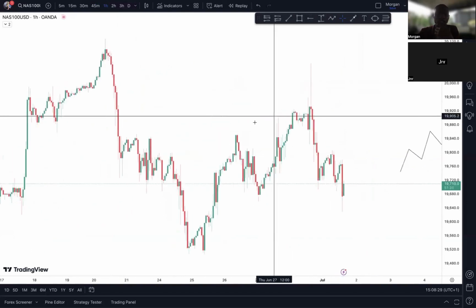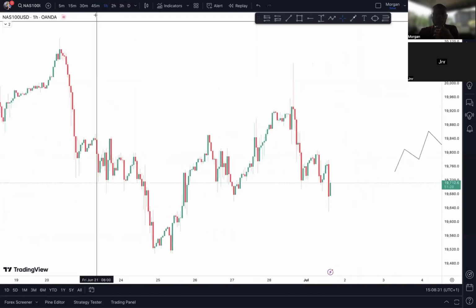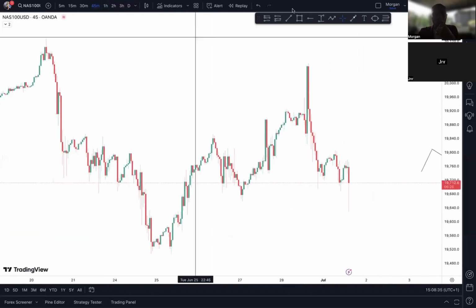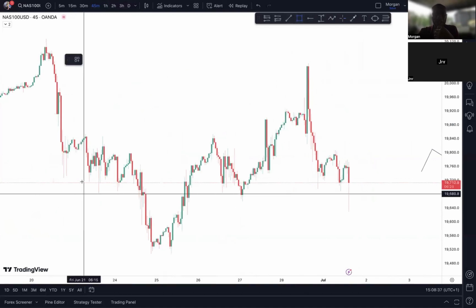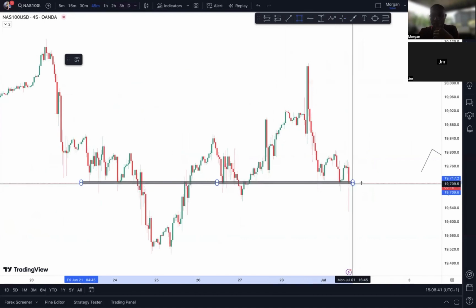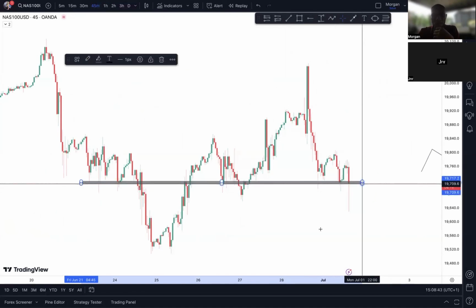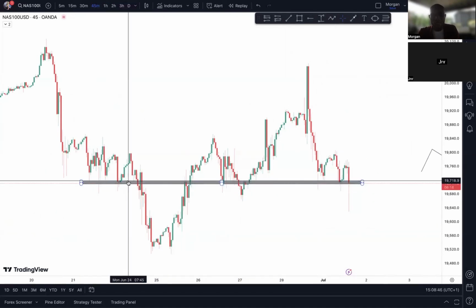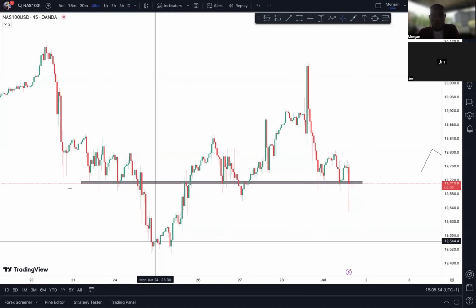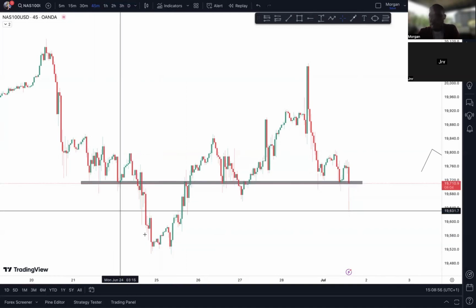In this situation, I used the 45 minute time frame because it made sense. I used it to identify that this area is an area of interest that price has struggled to break past previously. We've seen price struggle to break past these levels, which means price can be on the downtrend, and then price gives an indication here showing us that under these levels, price can go this low.